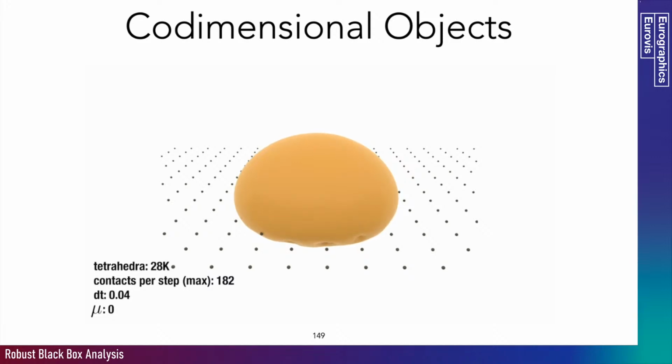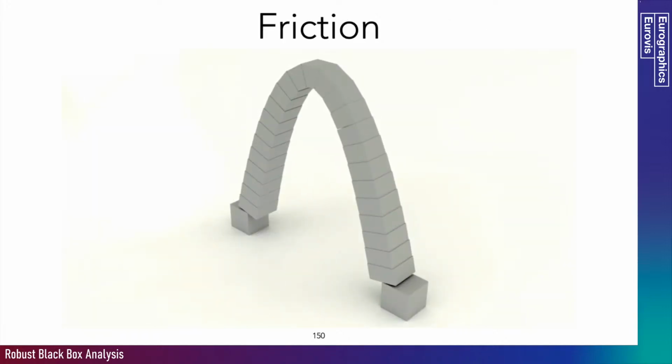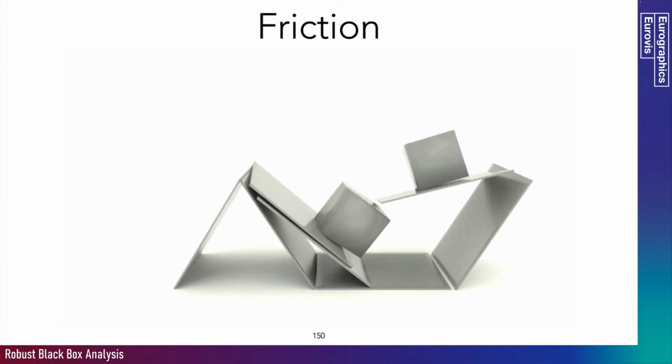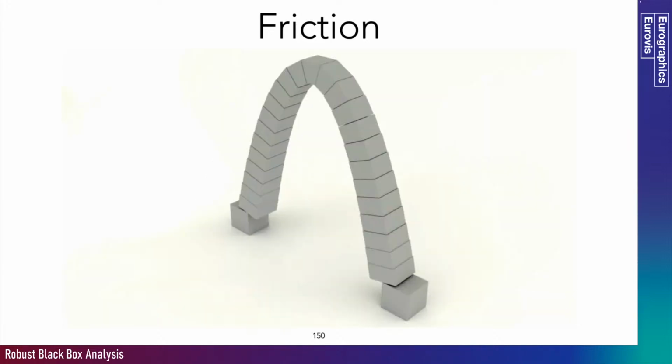So for example, we can have this ball falling or this piece of cloth falling onto the object. We also integrated a complete friction model with the same principles. So instead of solving the really difficult discontinuous friction model, we just smooth it out and have something similar to our barrier, so we can simulate something like a stack of cards falling on each other.